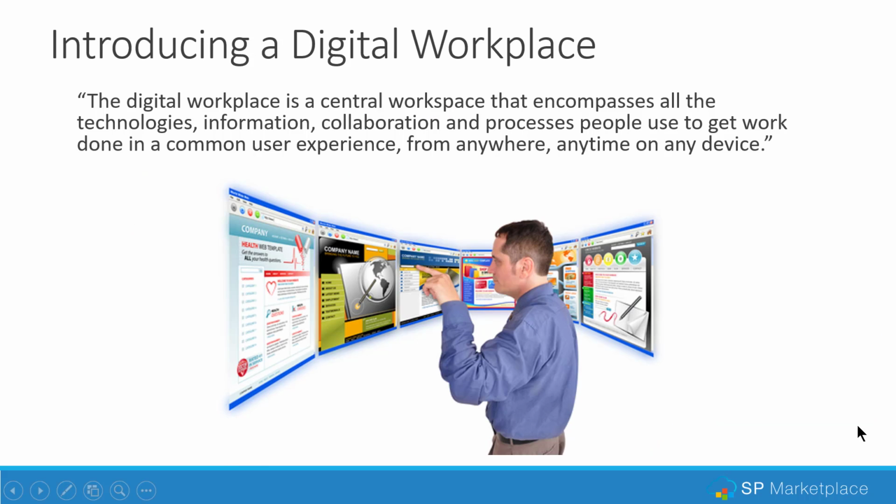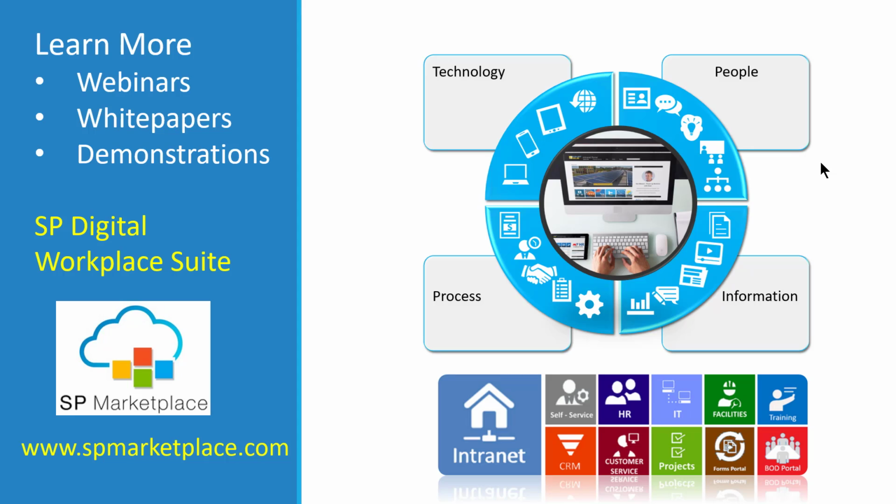So I hope that this part of the series has been helpful to you and really shown you how you can actually move to a digital workplace, leveraging Office 365 and using many of the technologies that are available today.